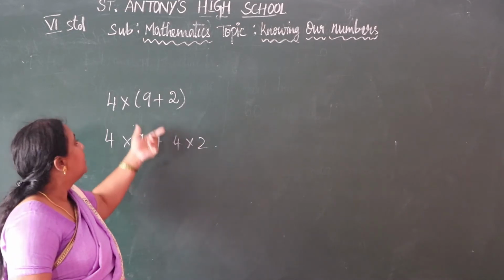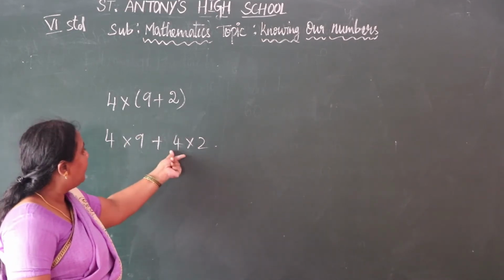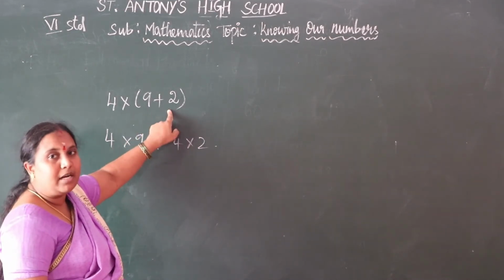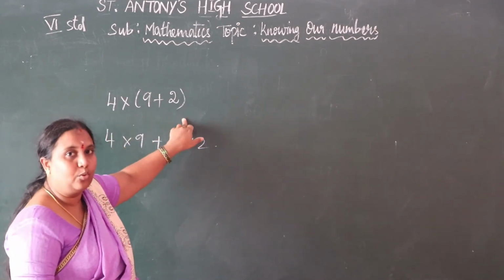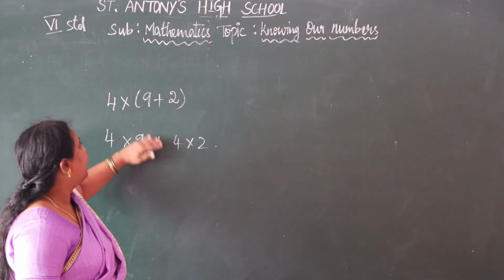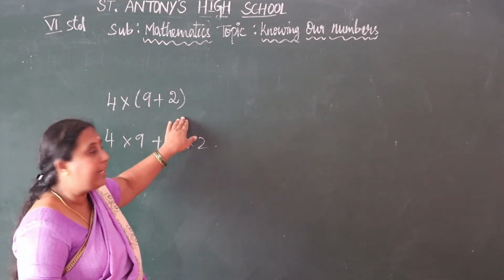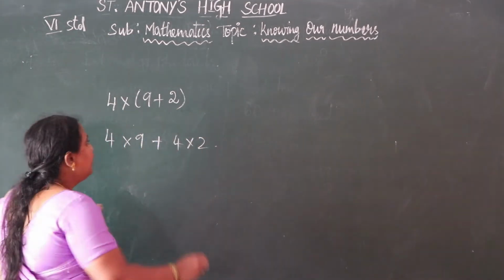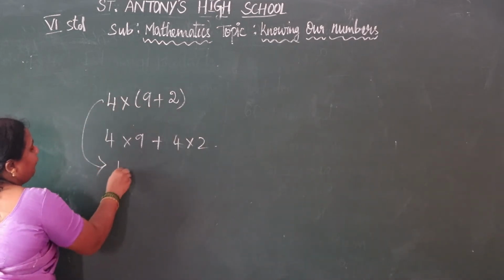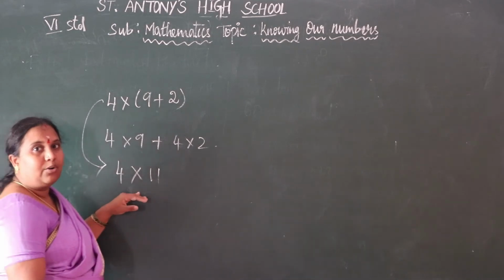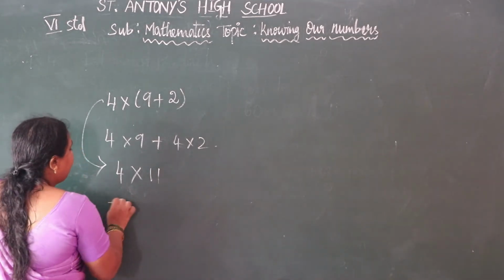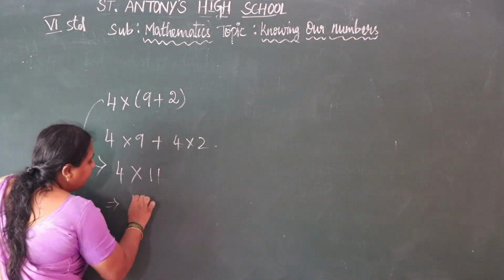How to use? See here, 4 is common in both the numbers. We are multiplying 4 by both the numbers 9 and 2. So we can write it like this: 4 into 9 plus 2. Now we are doing the calculation: 9 plus 2 is 11. So here we are getting 4 into 11, 44.